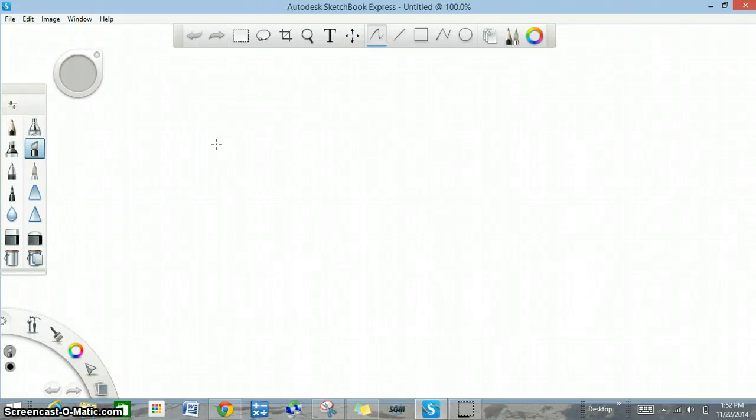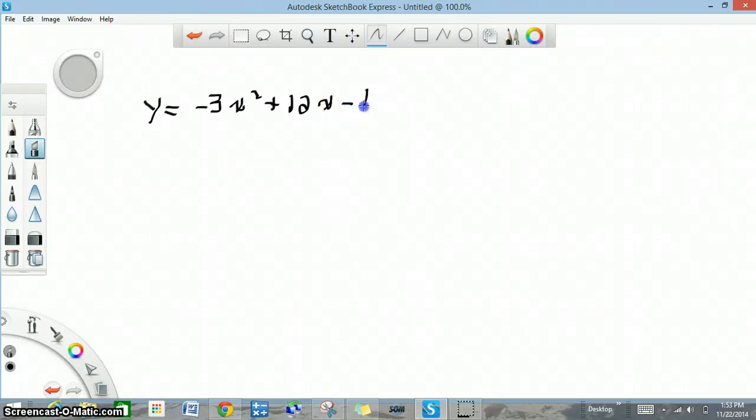Welcome back, folks. Today we're going to learn how to use the completing the square method to find the vertex of a quadratic. We have an equation that says y equals negative 3x squared plus 12x minus 17.